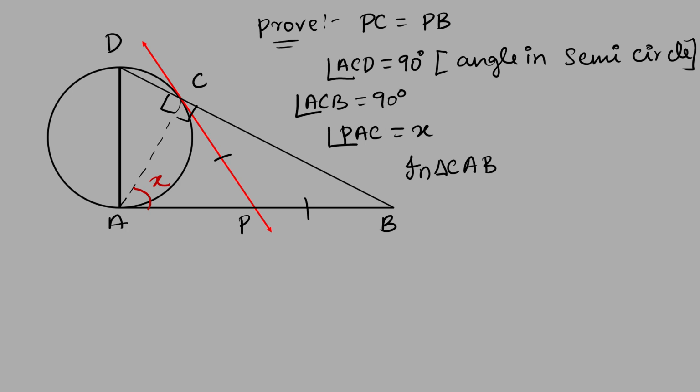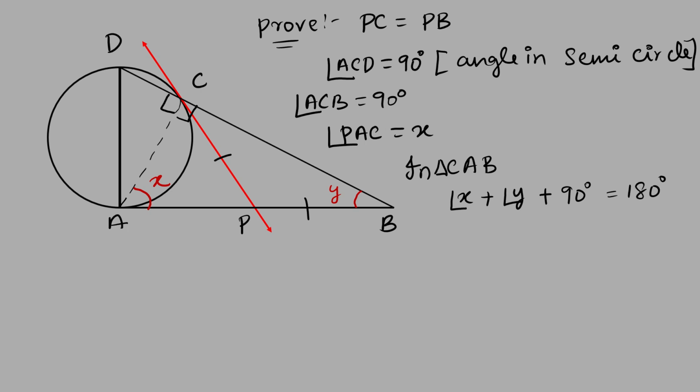Let me take this angle as Y. And when I apply angle sum property in triangle CAB, I get angle X plus angle Y plus 90 degree equal to 180 degree.